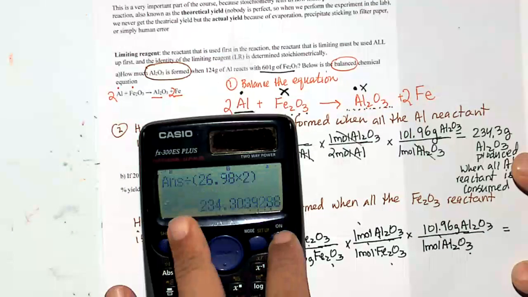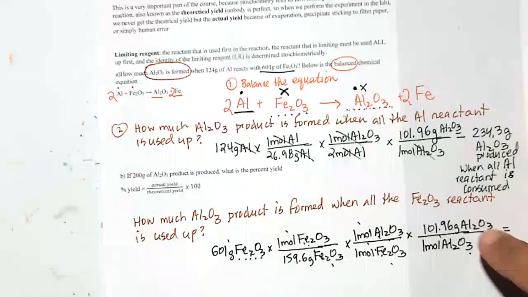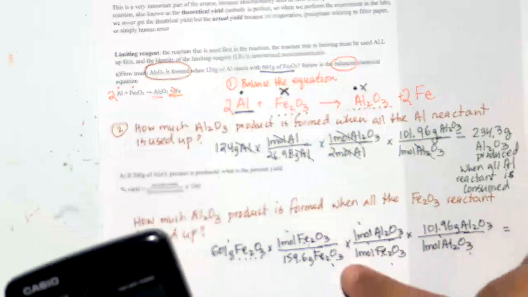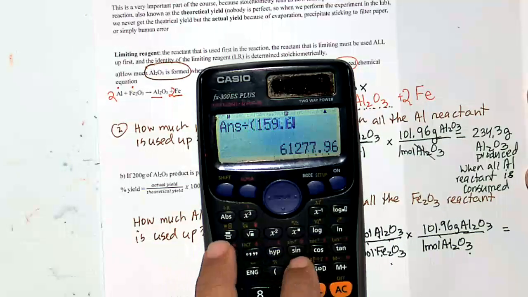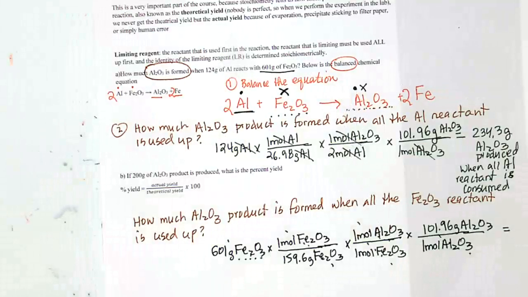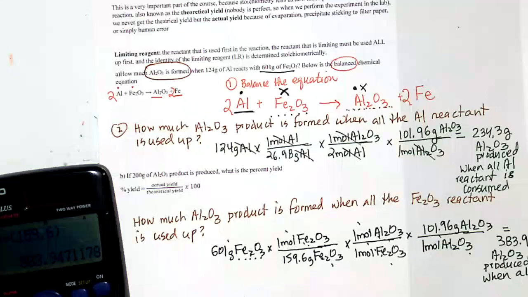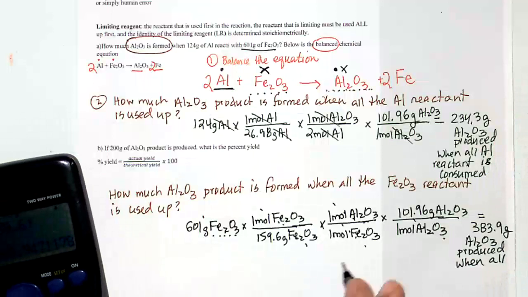All right, so 601 times 101.96 divided by 159.6. I'm getting 383.9. Let's write down this number: 383.9 grams of Al2O3 is produced when all the Fe2O3 reactant is gone or used up.